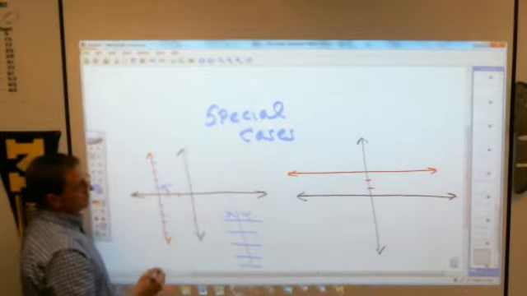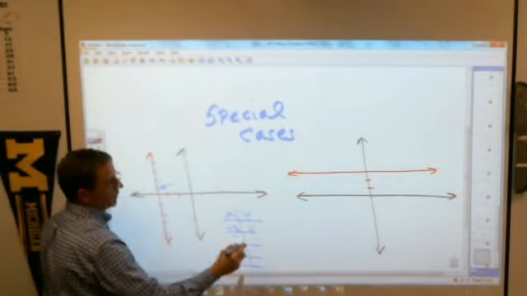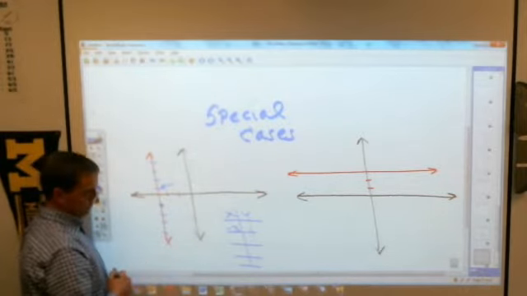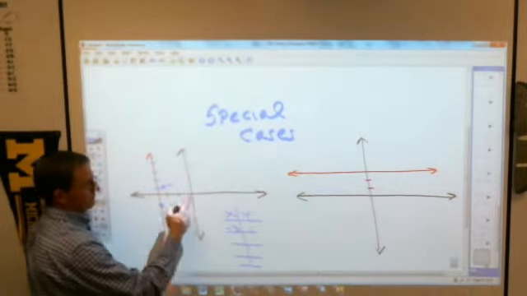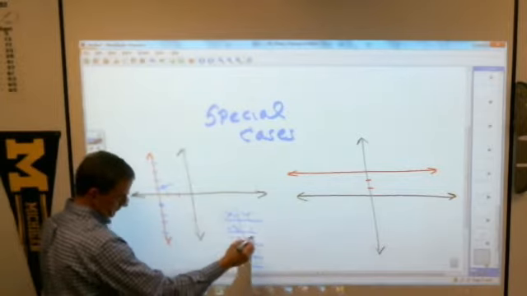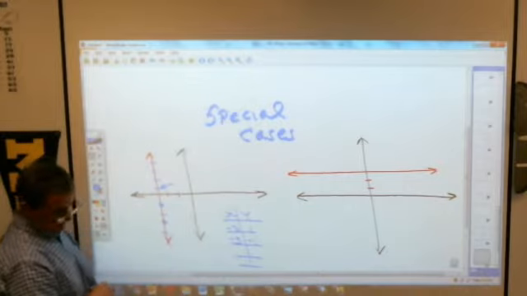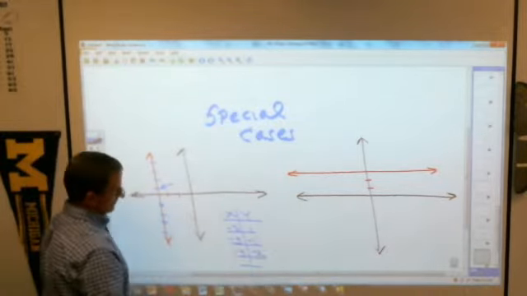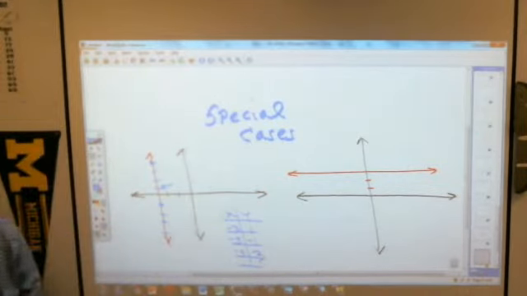Joseph? Negative 3, 1. What are the coordinates of this point right there, Caleb? Negative 3. What are the coordinates of that point right there? Negative 3, negative 2. What are the coordinates of that point right there? Cassandra?